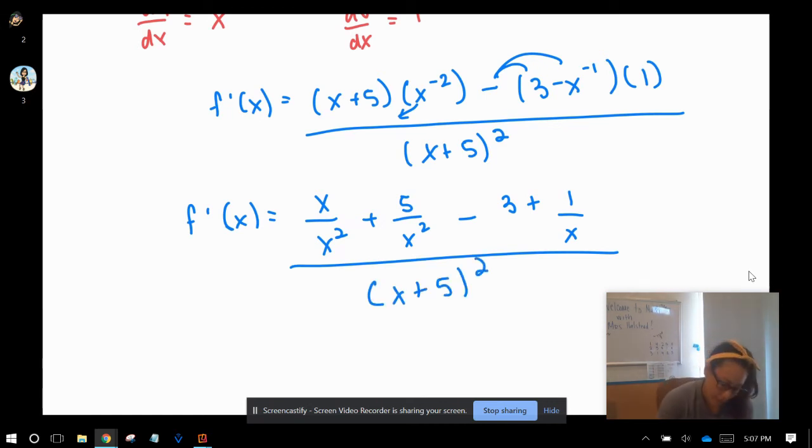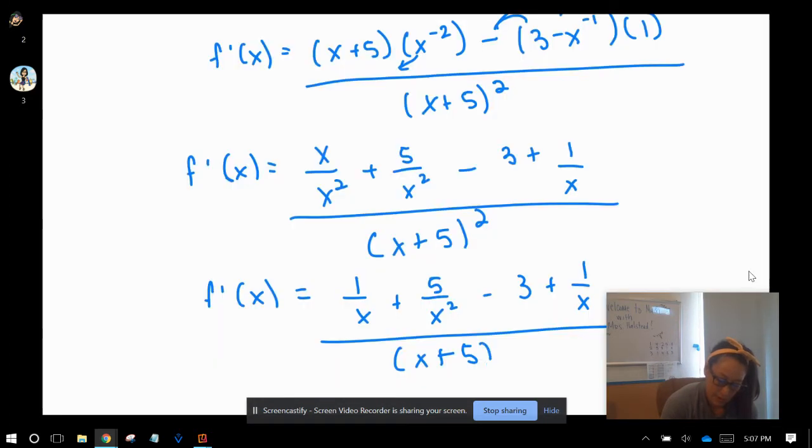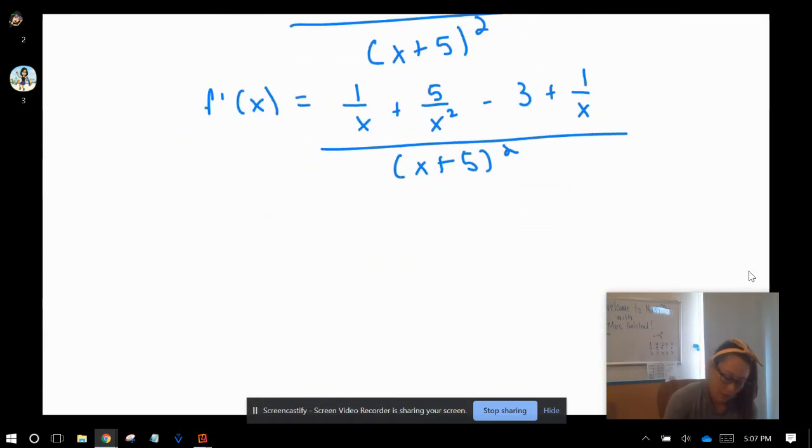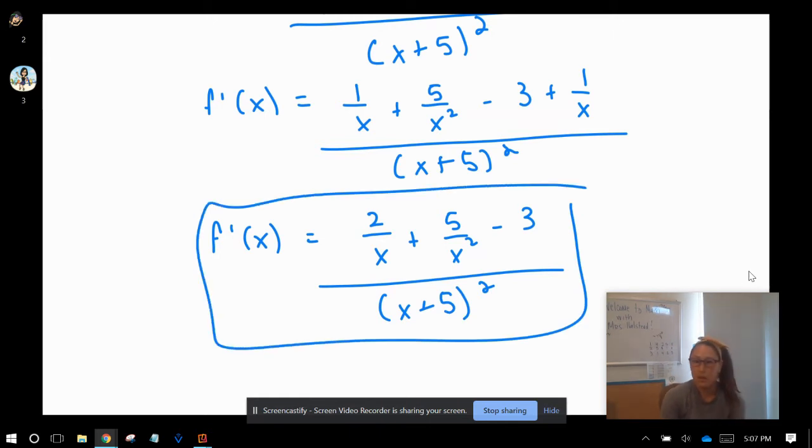All right, simplify some more. I get 1 over x plus 5 over x squared minus 3 plus 1 over x over x plus 5 squared. I guess I could have done that a little better. Okay, f prime of x is equal to 2 over x plus 5 over x squared minus 3 over x plus 5 squared. Cool. It's not pretty, but it's something.